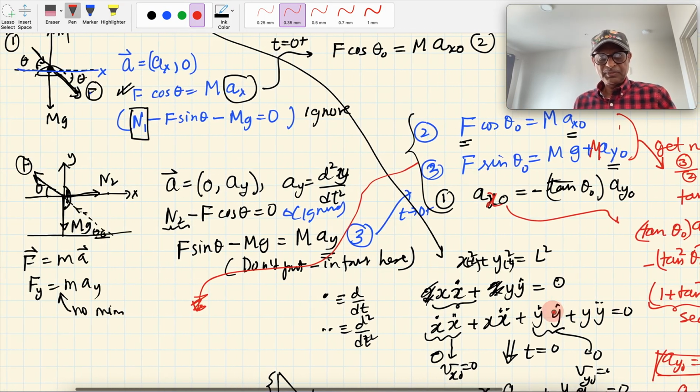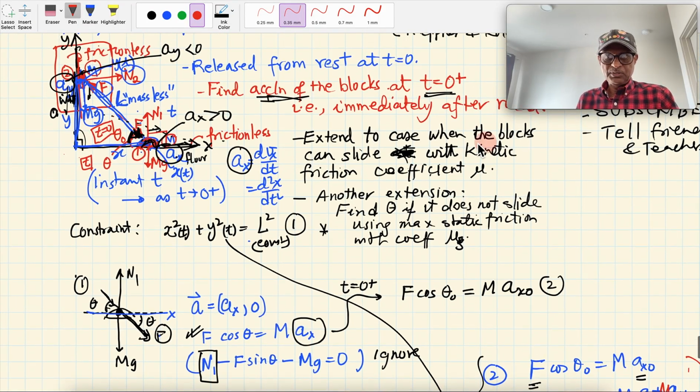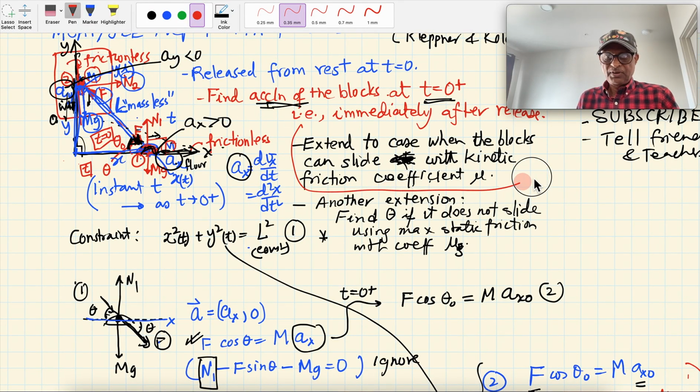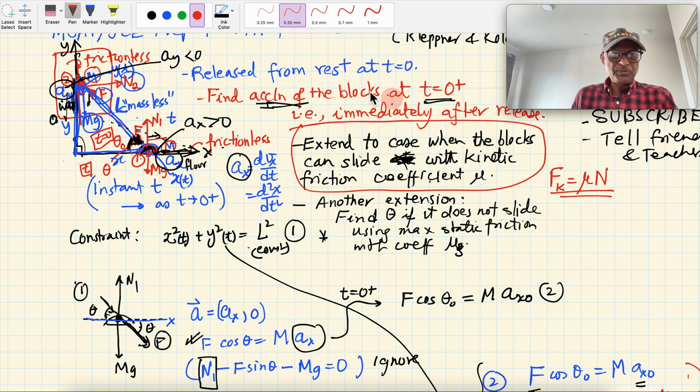Now, let's see how this would have changed if I had included friction. The friction force is kinetic, and it's just mu times N for each surface, so there will be two friction forces. Let's see what's going to happen over here. If this is going to go this way, the friction force, even though it starts at rest, immediately picks up speed.